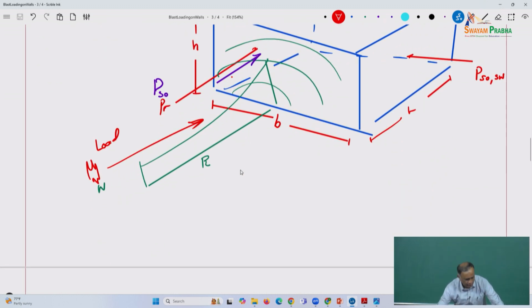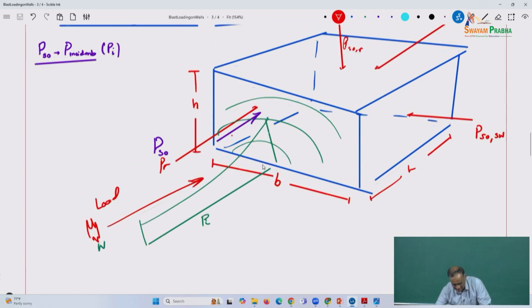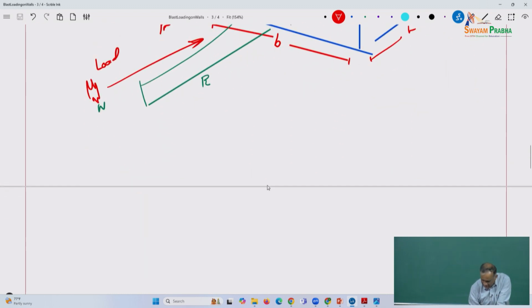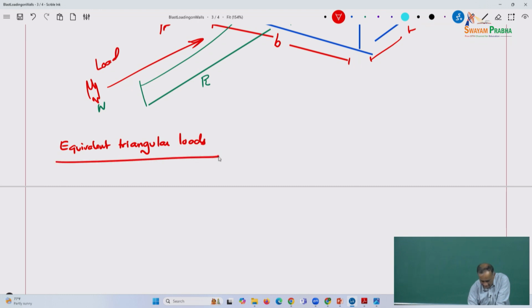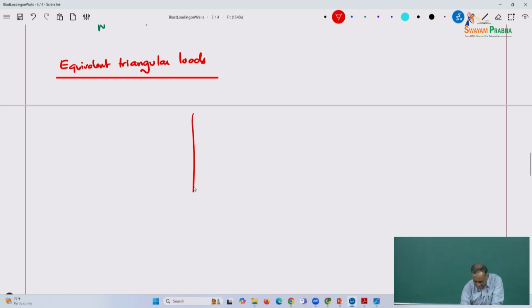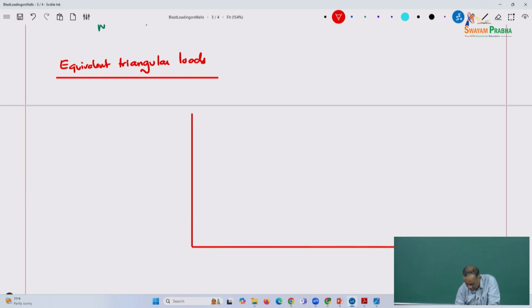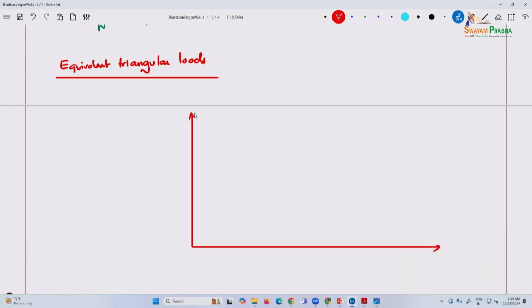So what we will calculate with this is equivalent triangular loads. So we'll start with the Friedlander equation, and I'll superpose the equivalent part.